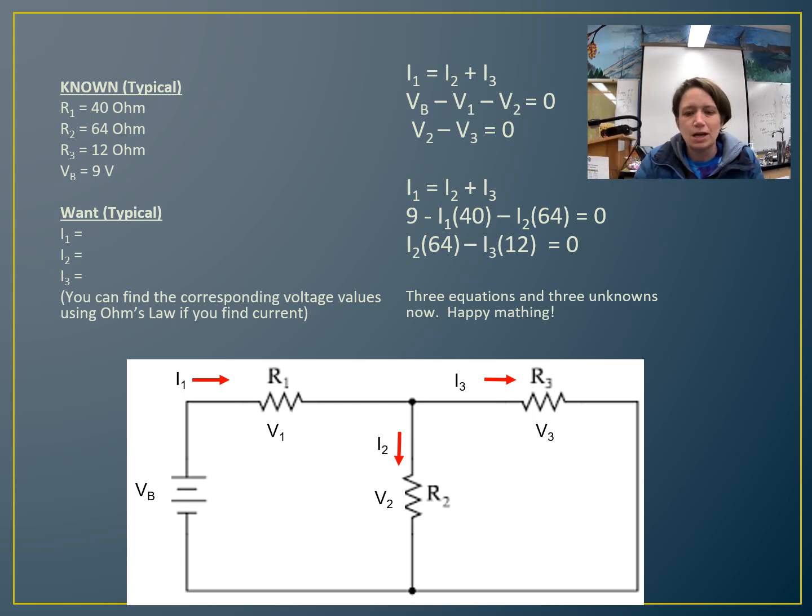But eventually you're going to be able to narrow it down to a single equation with a single unknown variable, at which point you'll be able to get the value for that variable and then work your way to get the other 2 variables. And as I mentioned before, once you know all your I values, then you can use Ohm's law with the R values, or the power equation, of course, to calculate any other unknown variables.